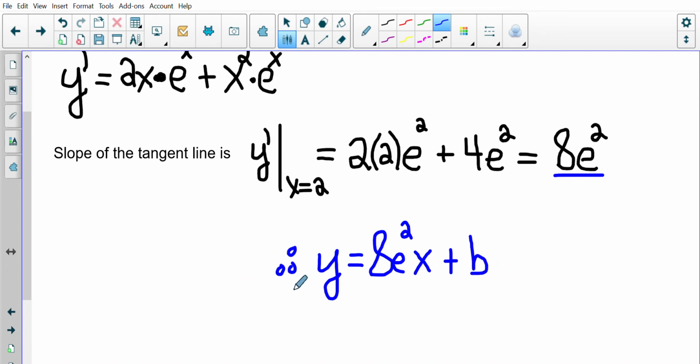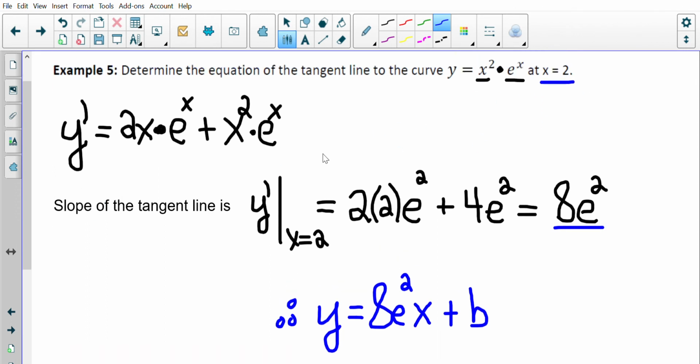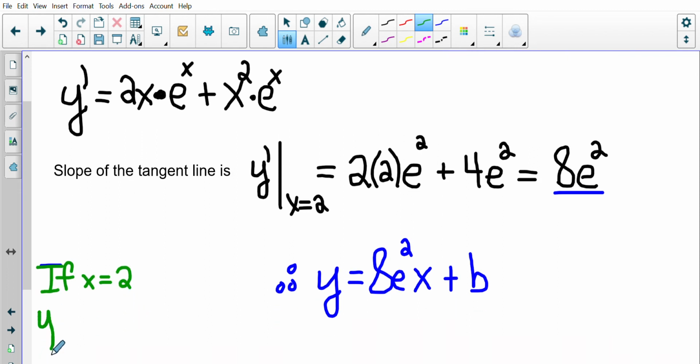All right, so I'm going to sub in a point at x equals 2 to find our b value, but I actually need to know when x equals 2 what our y value is to be able to sub in a point. So let's see here. Let's try a different color. So if x equals 2, y, I'm going to substitute into our original function, which is, let's see here, we got x squared, so again, I'm going to have 4 times e squared.